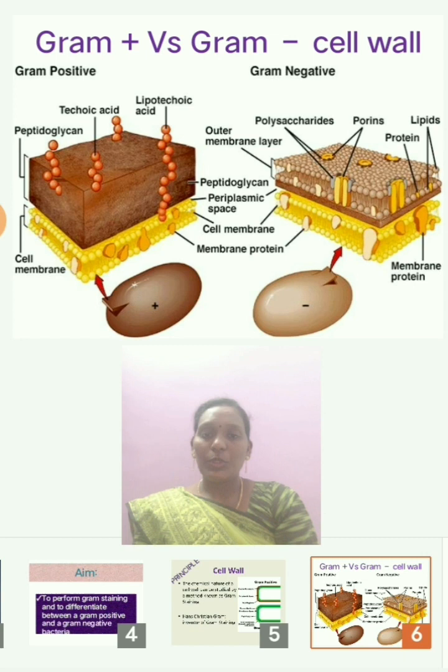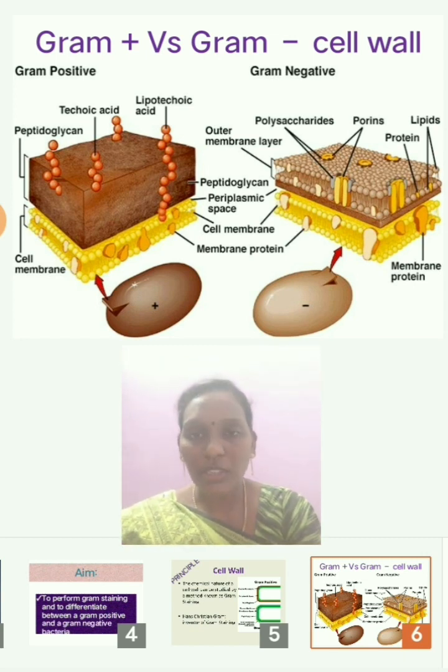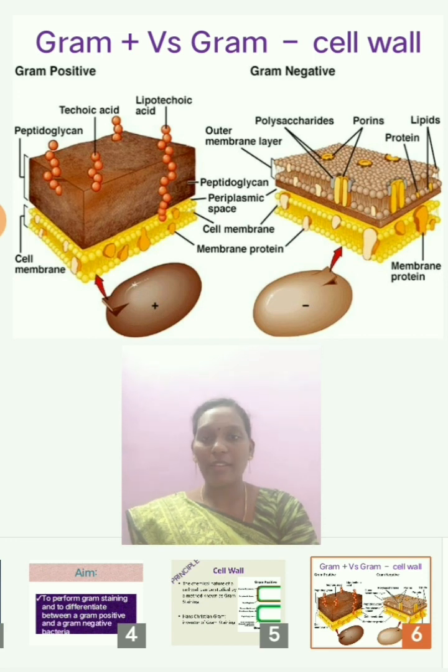The difference between the gram positive and gram negative cell wall is that the gram positive cell wall has a very thick peptidoglycan layer, whereas the gram negative cell wall has a very thin peptidoglycan layer. Then in a gram positive bacterial cell wall, you have additional components called teichoic acid and lipoteichoic acid, but in gram negative bacteria you don't have those.